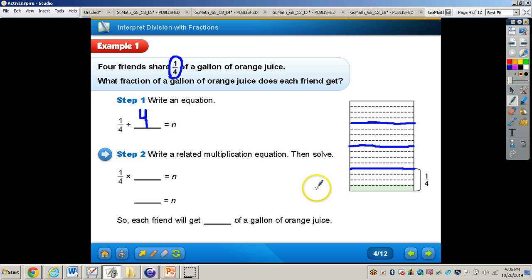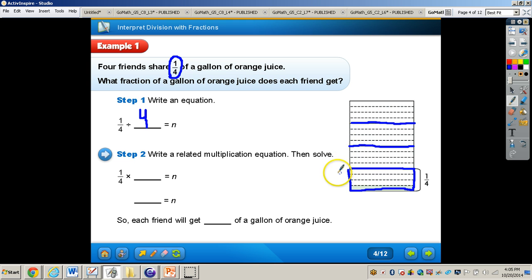Now it is important to know that the 4 friends shared 1/4 of a gallon. So what you need to do is draw each section, each of the fourths, into fourths. Okay, so I took this fourth, for example. You can see 4 lines, 4 sections within that fourth, sections within the other fourth, and so on.